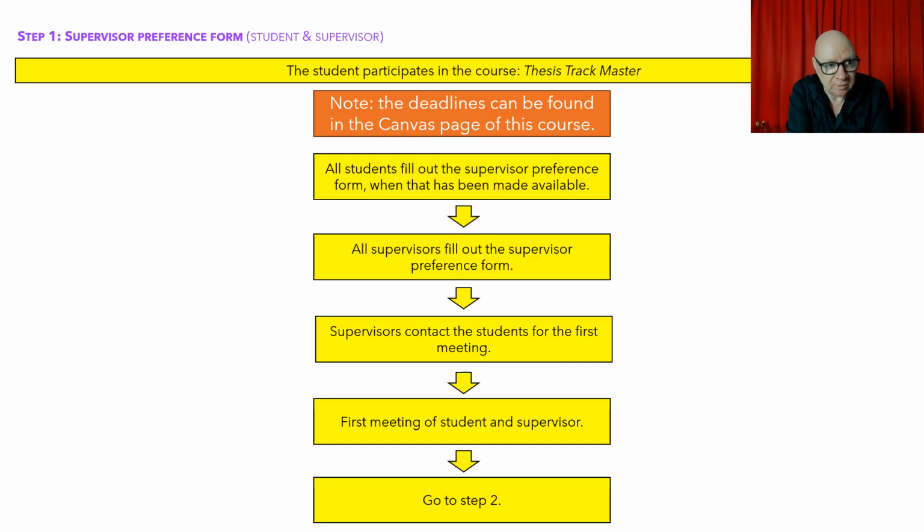So you look for a supervisor for that. That's the second preference, and you fill out the topic and you do that also for a third supervisor. It could of course be the case that you just fill out 3 different supervisors that could supervise that topic, making it more probable that you can write about that topic.